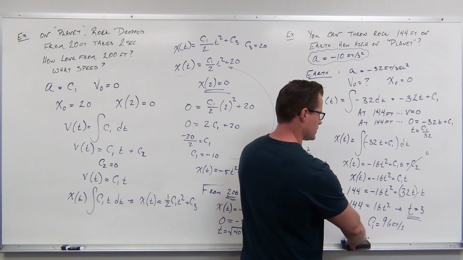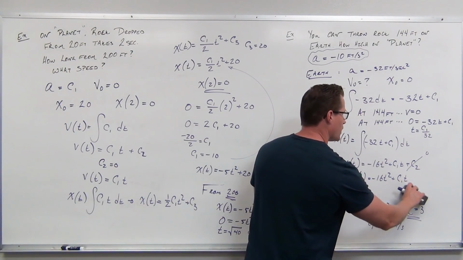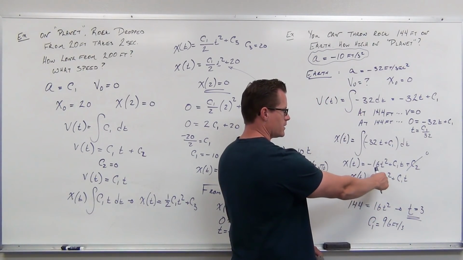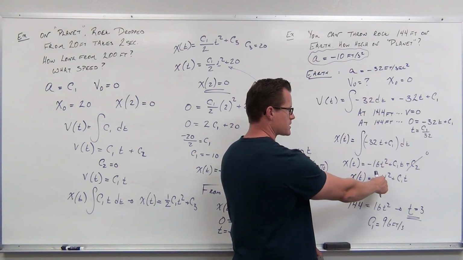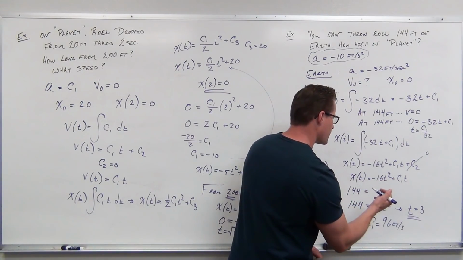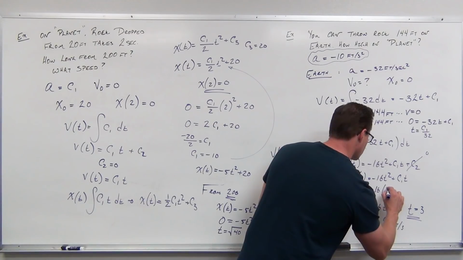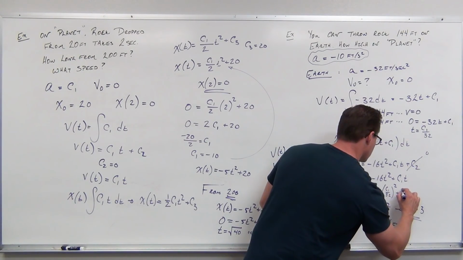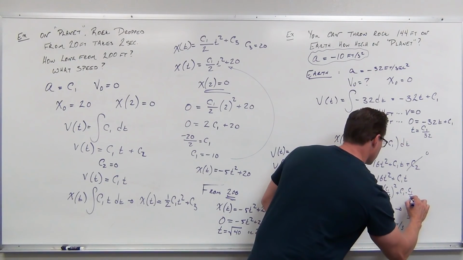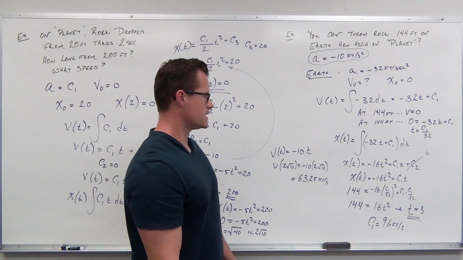Right down here, from this spot, you should be able to plug in C sub 1 over 32 and C sub 1 over 32 as your t.